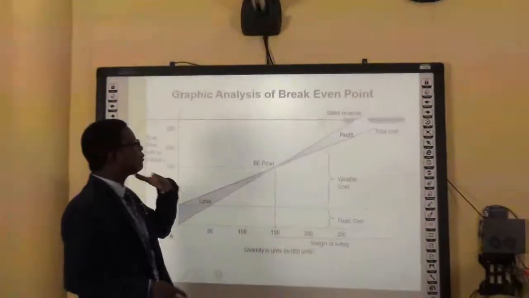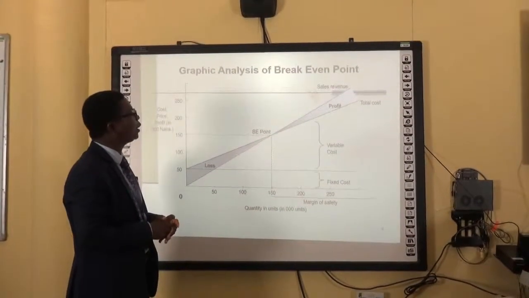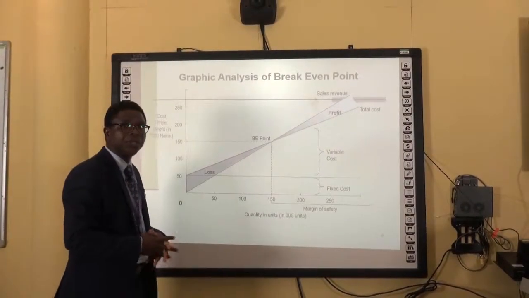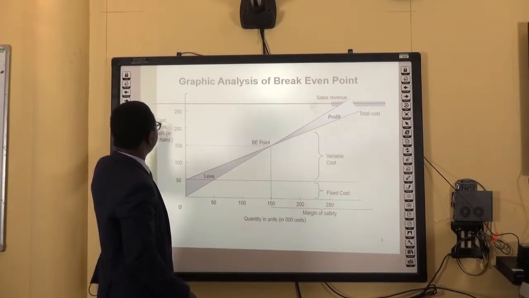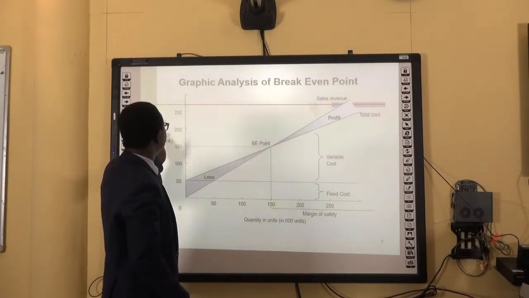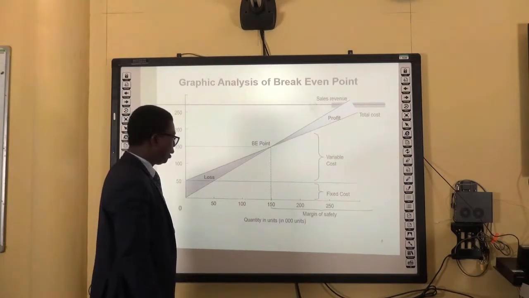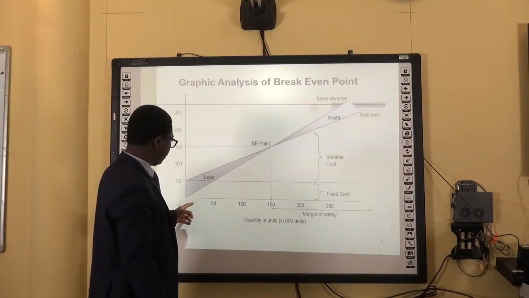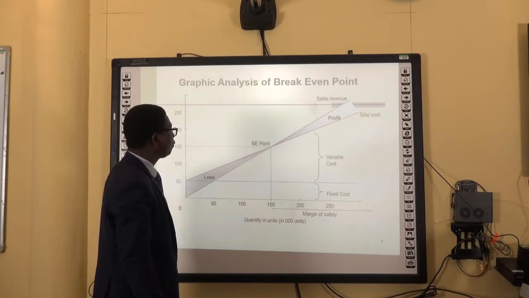Now, let's look at the graphical presentation of the break-even point. As you can see on display, we have the cost, the price, and the profit in naira, and then we have the unit in quantity.